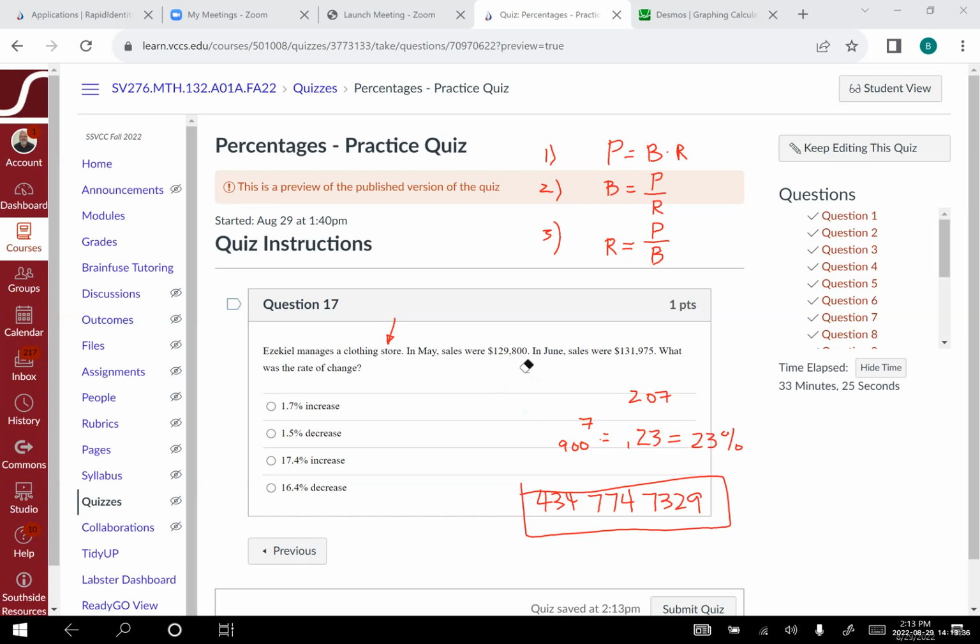All right, so let's see. Ezekiel manages a clothing store. In May, the sales were 129,800. In June, they were 131,975. What's the rate of change? Very similar to what we were doing. You find the increase, which you told me last time was to take the June amount, subtract the May amount from it, so we can see how much we increased.